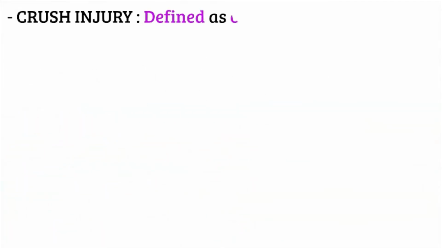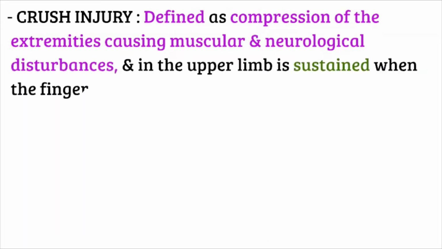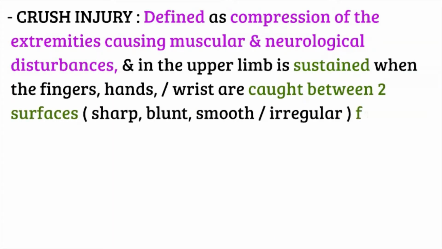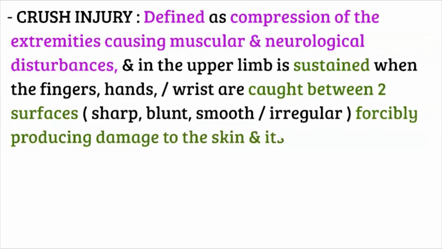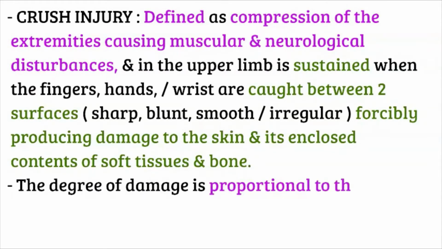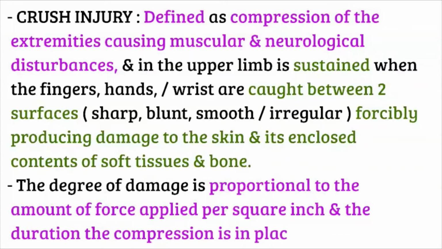Crush injury is defined as a compression of the extremities causing muscular and neurological disturbance, and in the upper limb is sustained when the fingers, hand, or wrist are caught between two surfaces, either sharp, blunt, smooth, or irregular, forcibly producing damage to the skin and its enclosed contents of soft tissues and bones.